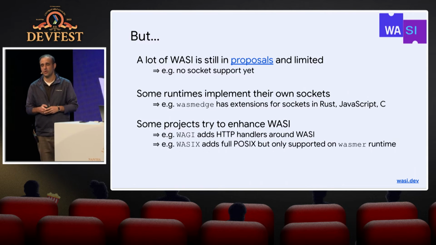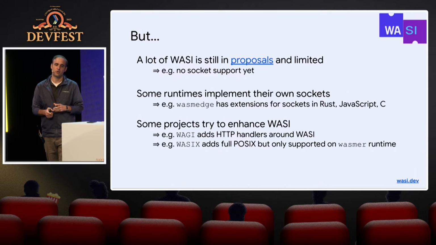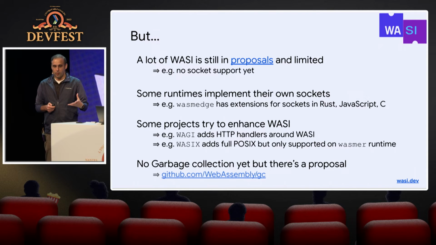There's another project called WASIX that tries to add full POSIX support to WASI. But it's not a standard yet, and it's only supported on Wasmer runtime, and it only works with Rust on a certain version of Linux. So as you see, there's a lot of caveats with that as well. And there's no garbage collection in Wasm right now, but there's a proposal.